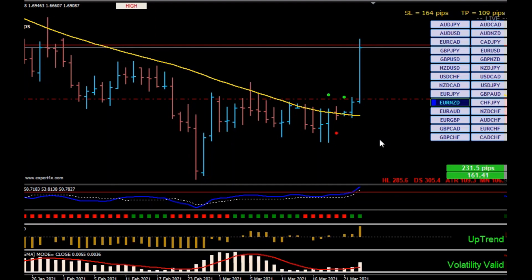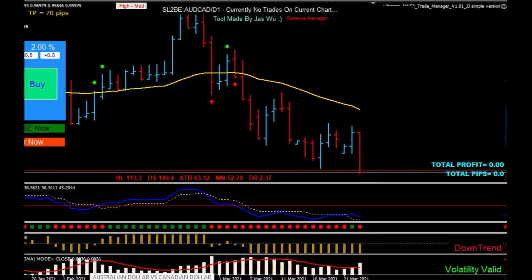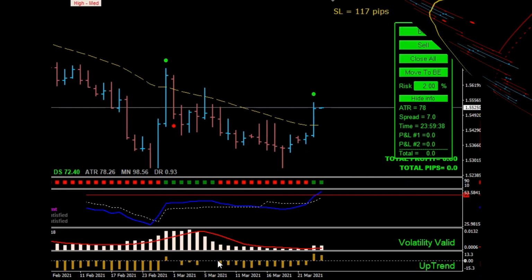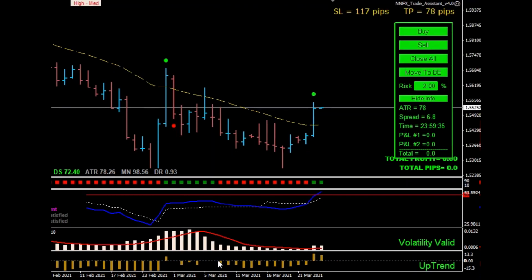All right, so let's go over to those other trades. Let's go to the AUDJPY, and let's look at it here. Okay, so this is the one that we were talking about going to sell. All right, everything still looks good. So I've popped over here to the Euro Aussie, and oops, look at that.